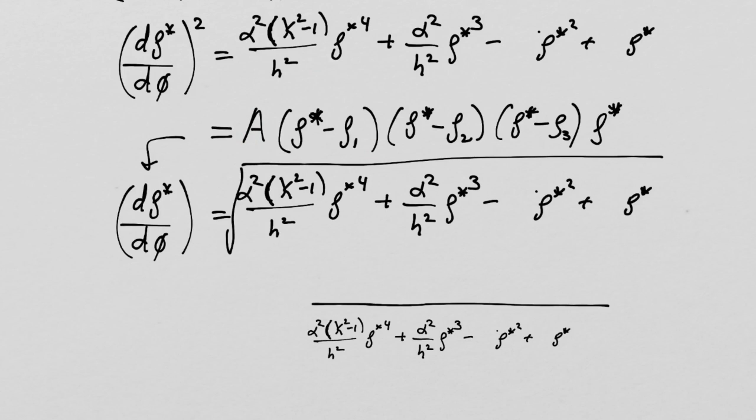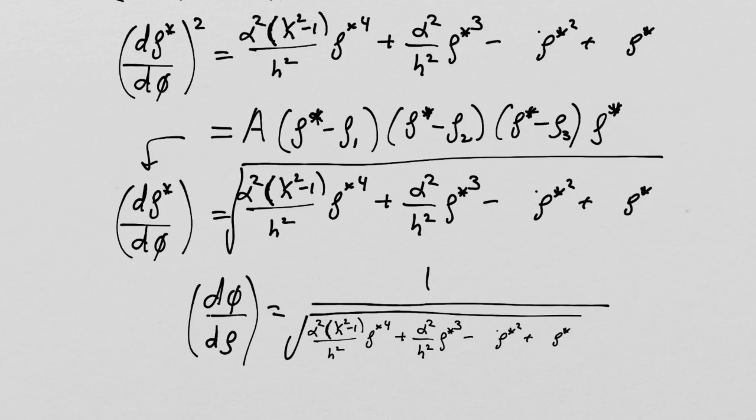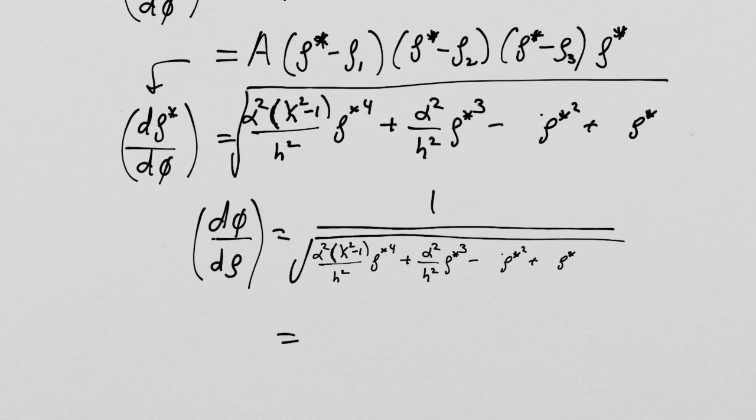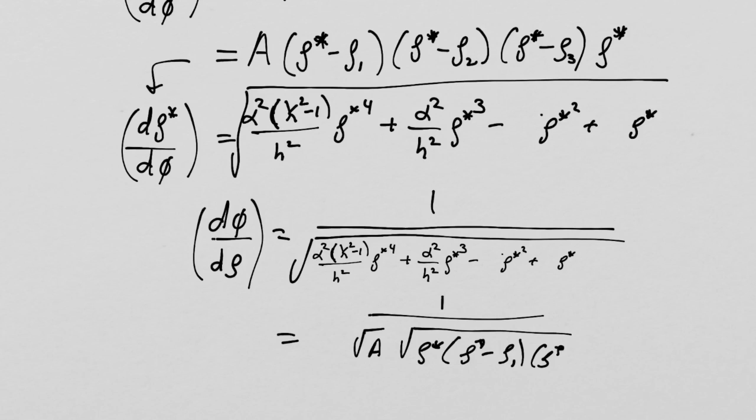That divided by, so now I write d phi d rho squared equals 1 over that thing, right? And I could then get rid of the square, and I could put a square root down here, like that, or I could set it equal to 1 over the square root of A times the square root of rho star minus rho 1, rho star minus rho 2, rho star minus rho 3.